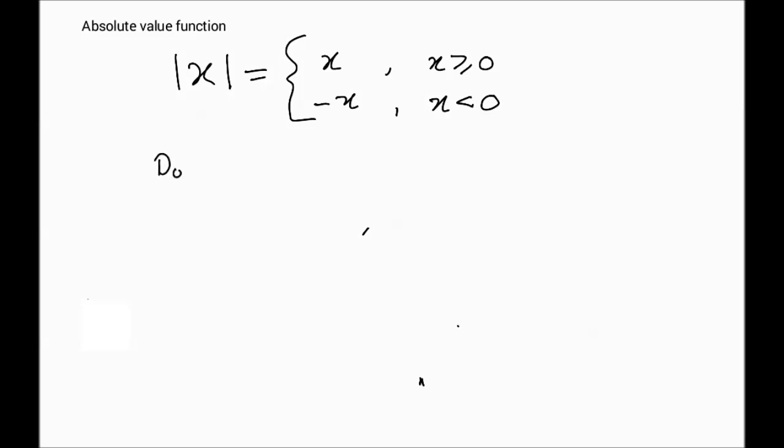The domain of such a function is minus infinity to plus infinity, and the range is R positive, which means from 0 to infinity. It's always going to be positive.